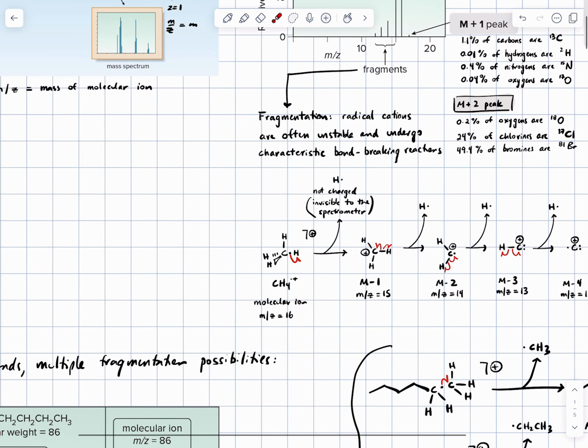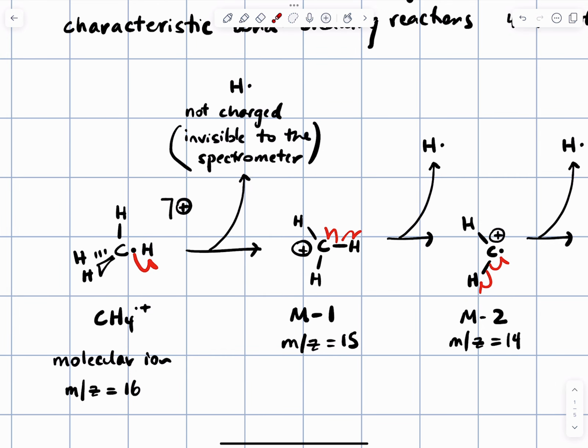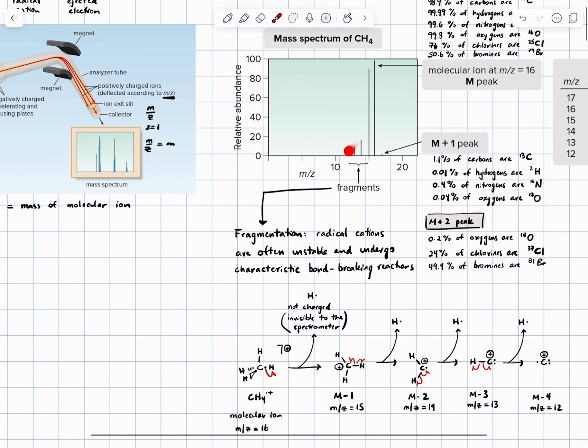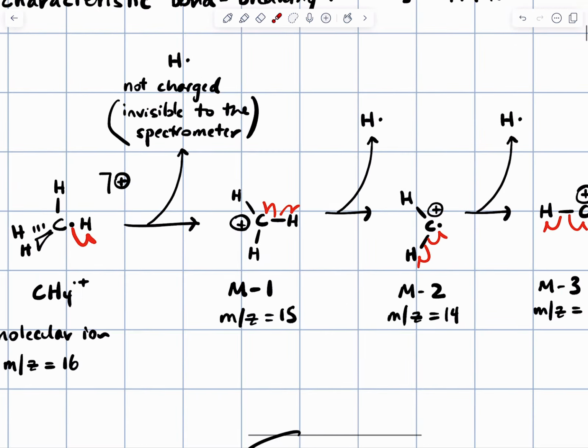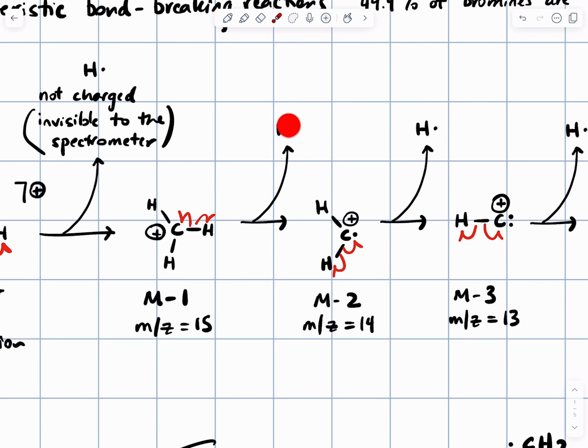You can tell that it lost a hydrogen atom and not anything else because mass spectrometry does not detect neutral particles. It only detects charged particles. So everything that shows up here in the fragments has to be charged. All right, so the 15 is probably this methyl cation. The 14 is probably methyl cation loses a hydrogen atom and becomes this radical cation.